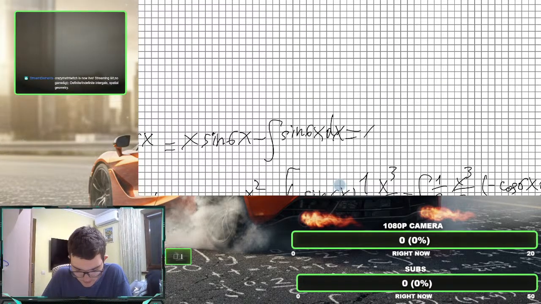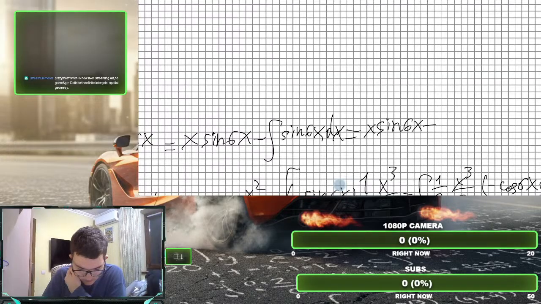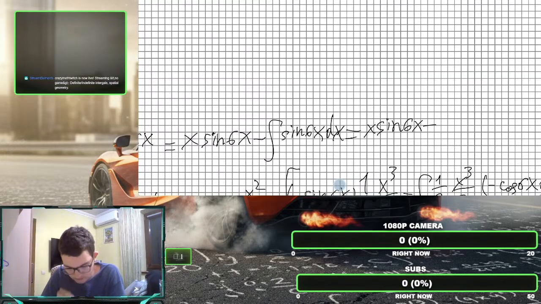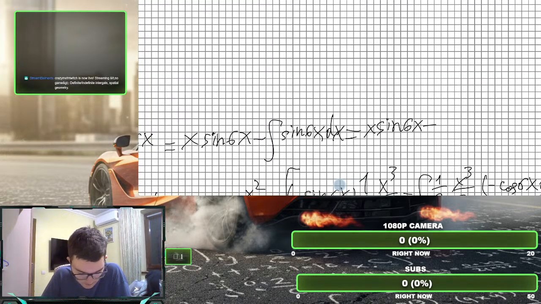That one will stay like it is, and minus the integral of sine, that's minus cos.